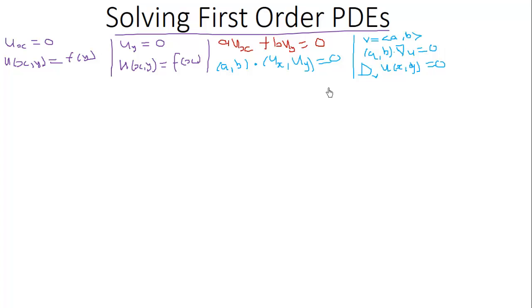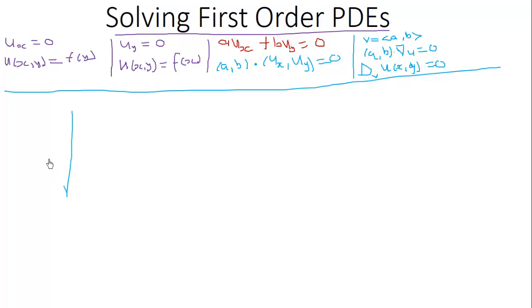What's the meaning of this? Let's first of all sketch the vector v. So we have the i direction and the j direction, so let this be our i direction and this be our j direction.